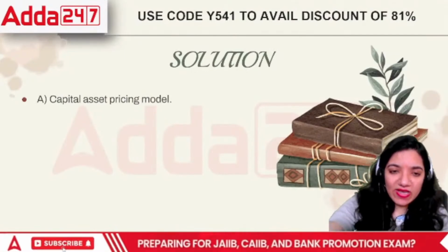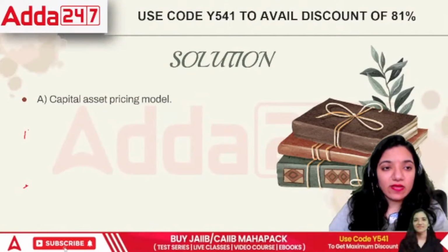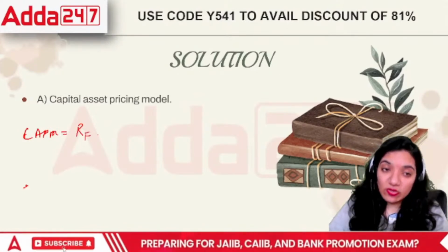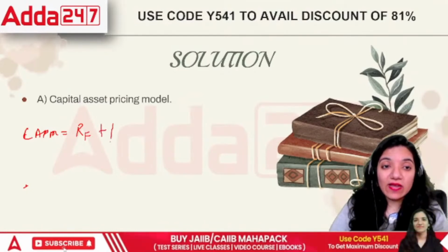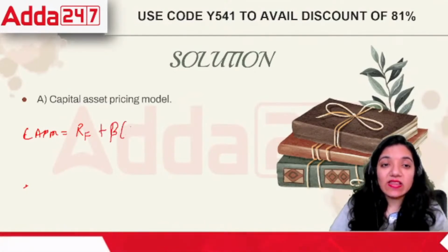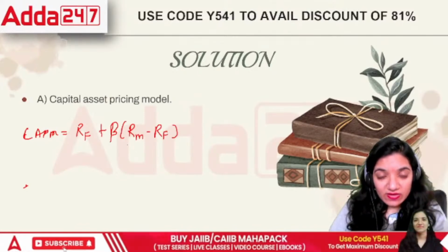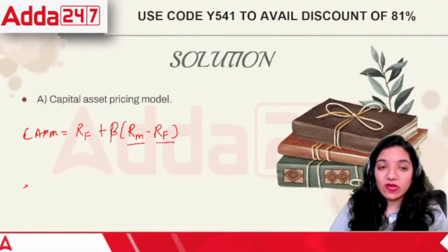CAPM is capital asset pricing model, and the formula is R. Under CAPM, the formula is basically whatever the risk-free rate of return is of that particular security that we're talking about. We add beta there. Beta is the sensitivity analysis, and then we take RM minus RF. That is the return of the market minus the risk-free rate of return.